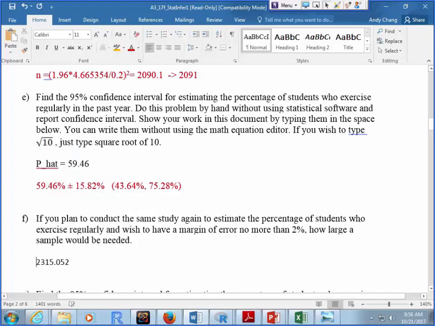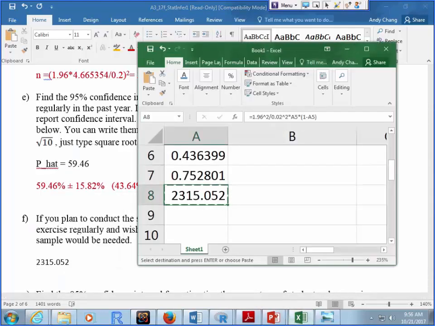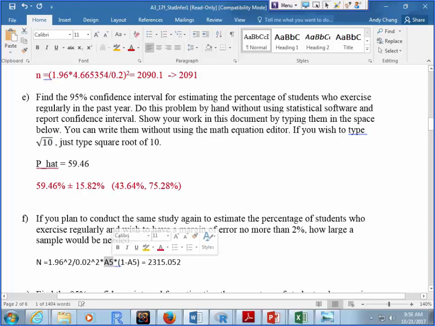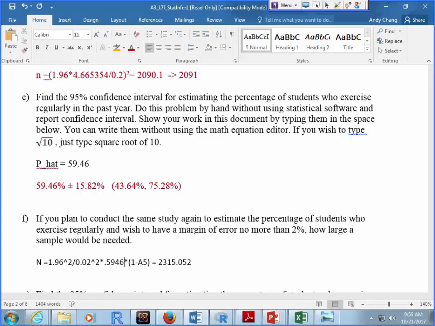So this would be 0.5946, and 1 minus 0.5946.